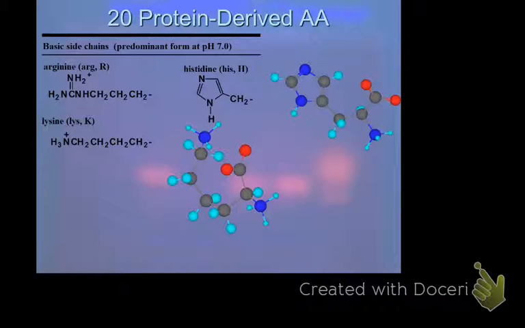Now we have arginine, lysine, and histidine. So, arginine, if we go back to, let me change the color here, it's easier to see.